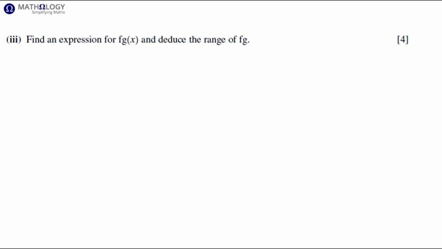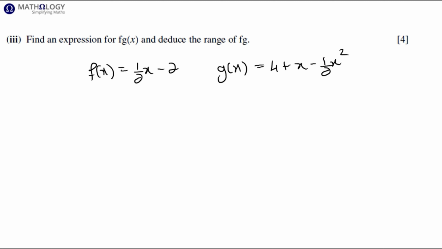Find an expression for f of g of x and deduce the range of f of g. So f of x is a half x minus 2. G of x is 4 plus x minus a half x squared.